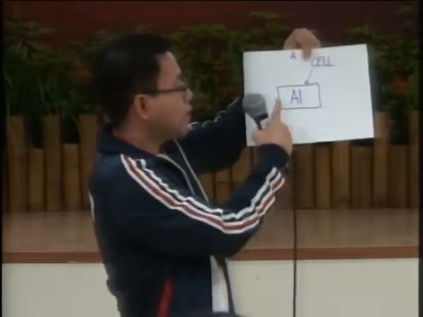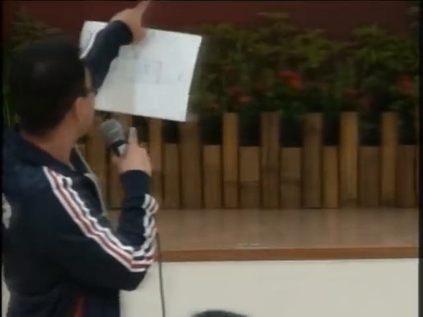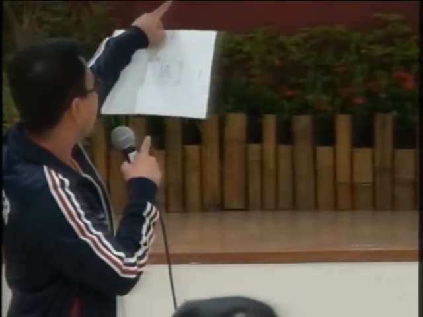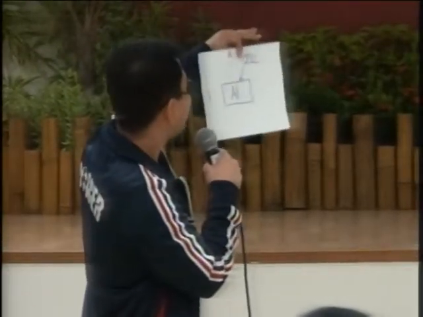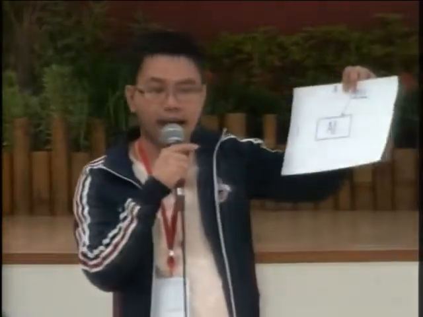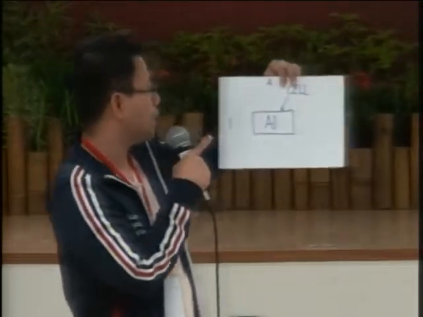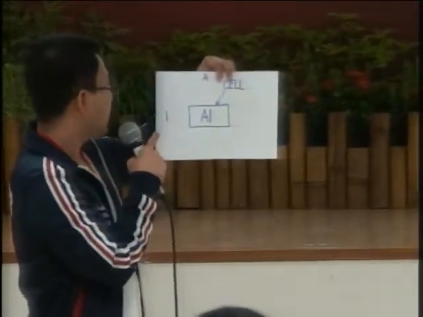So this box with A1, the A and the 1, that is a cell address that you see at the top, downward of the clipboard. So it is called cell address. Okay? So it is composed of the column and the row. Okay? Do you see that, class?